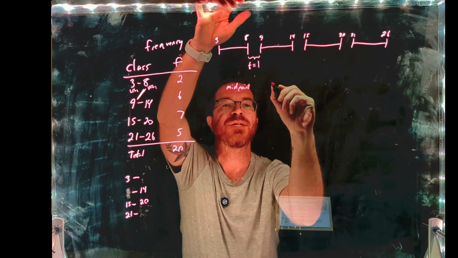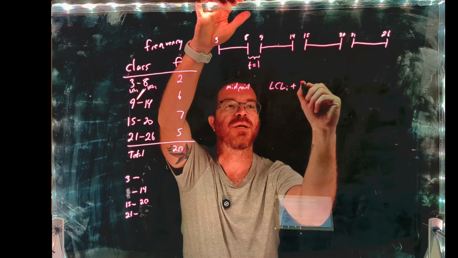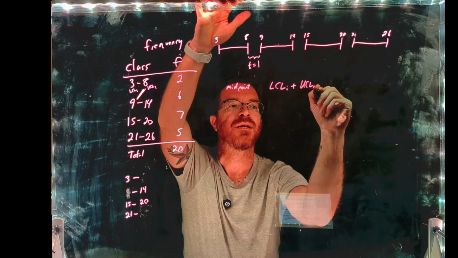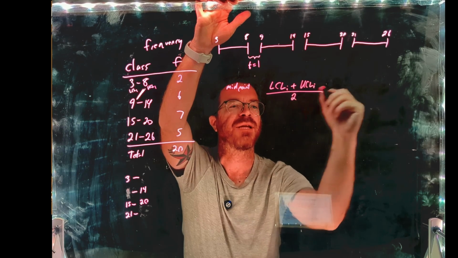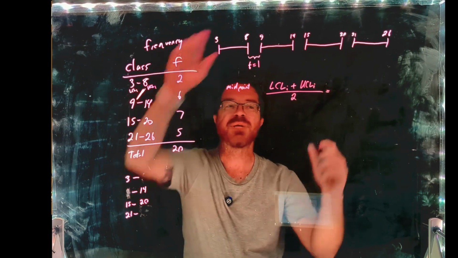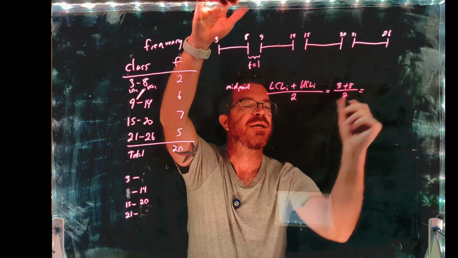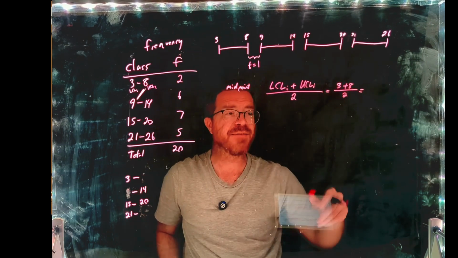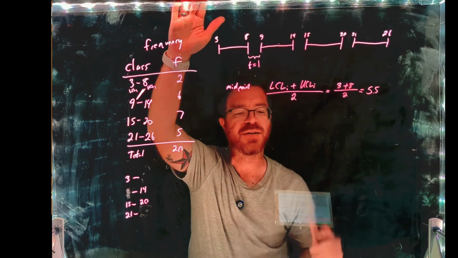So we have 2 data points: it's our lower class limit, i, plus our upper class limit, i, divided by 2. For our first group, this is 3 plus 8 divided by 2. 3 plus 8 gives us 11, divided by 2 gives a midpoint of 5.5.